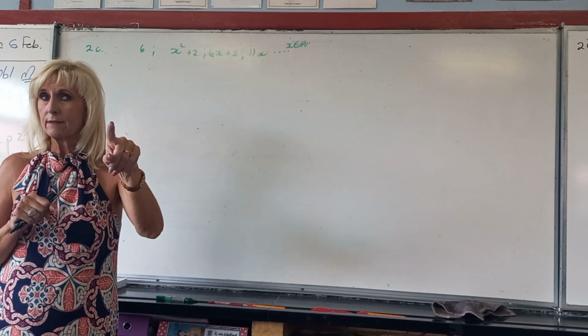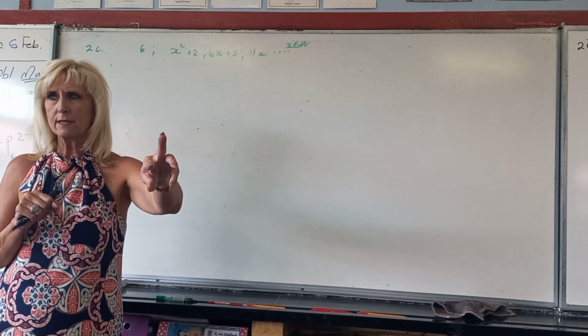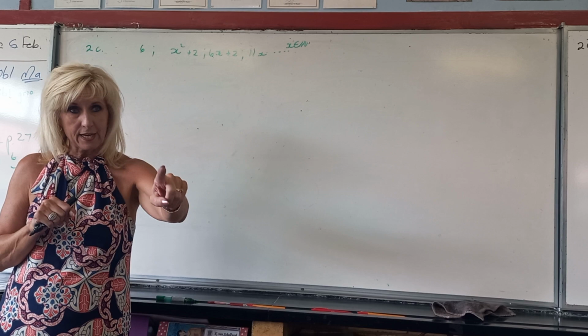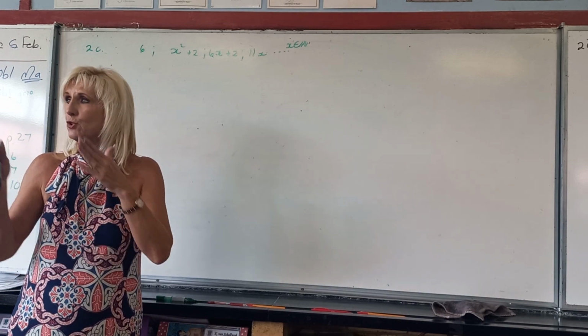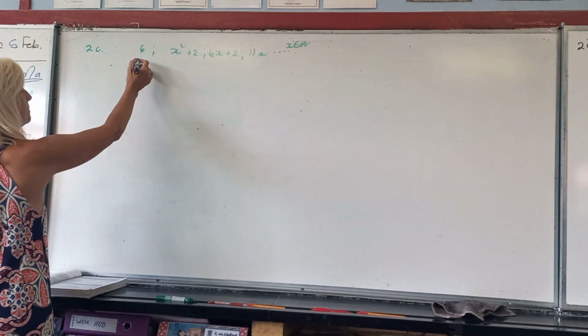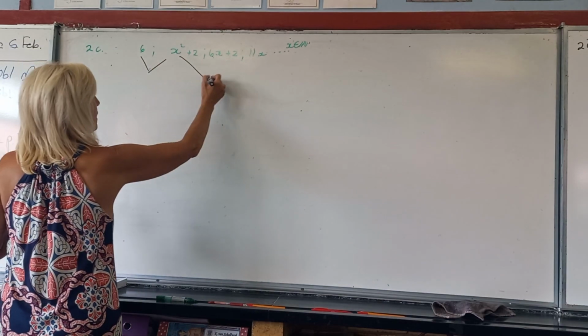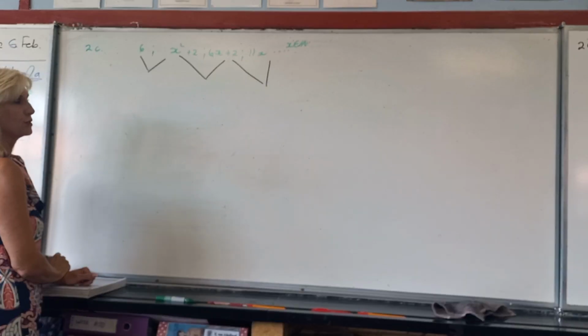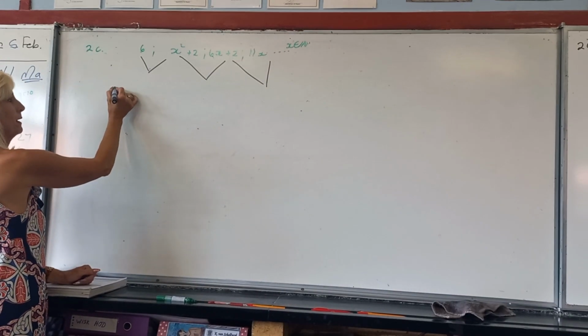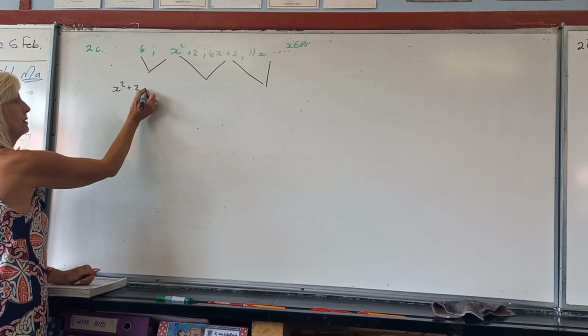There's 2 differences, yes, but the second one is constant. That's where you're going to get a definite mark. But you still need to do what? Find the second difference. First difference, first of all, would be x squared plus 2 minus 6.